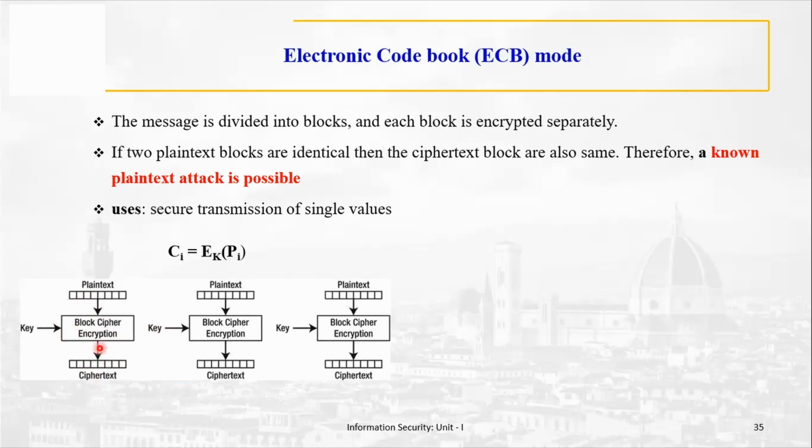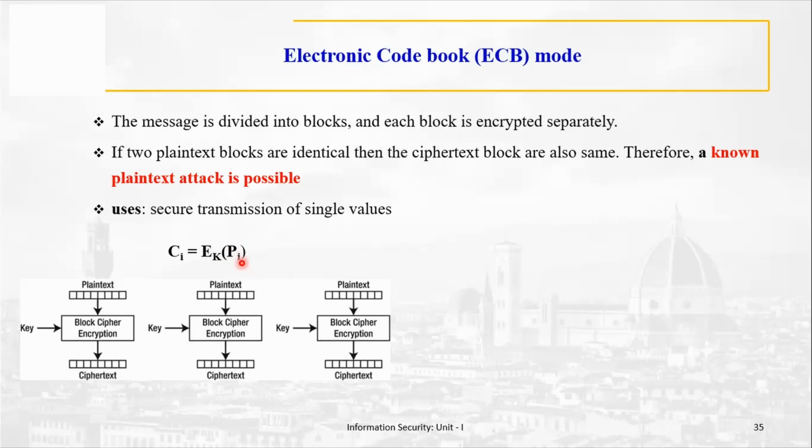And this process happens for each block. It is a very simple thing. You create a ciphertext using some encryption algorithm, using some key K, on plain text, and i represents the block number.